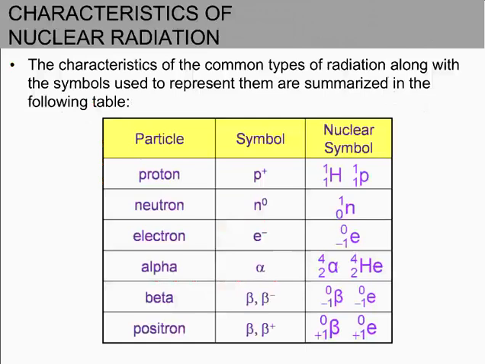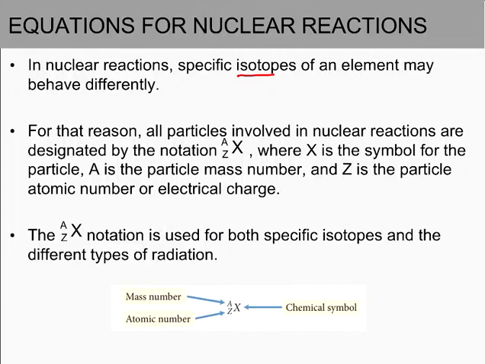Let's actually talk about isotope notations really quickly, and then we'll go back. In nuclear reactions, specific isotopes of an element may behave differently. Now, remember, isotopes have different numbers of neutrons.